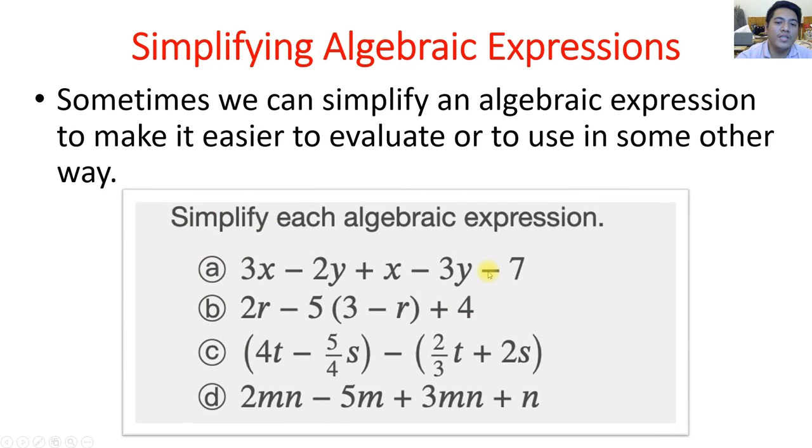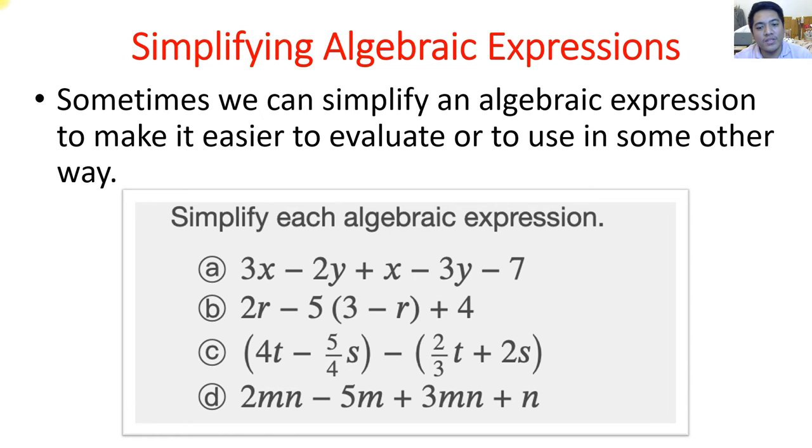So, how do we simplify algebraic expressions? Sometimes we can simplify an algebraic expression to make it easier to evaluate or to use in some other ways. Okay? So, simplify each algebraic expression.